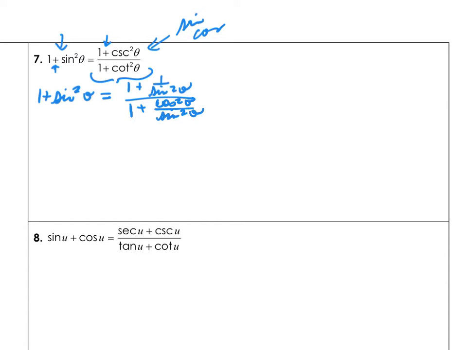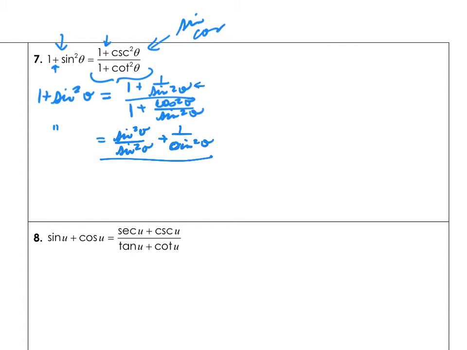Okay, clearly we're going to get a common denominator here if we're going to be able to simplify this. So we're just going to hang on to this right here. And our common denominator needs to be sine squared of theta over sine squared of theta, because that's the denominator that we have there. And I'll just rewrite that.